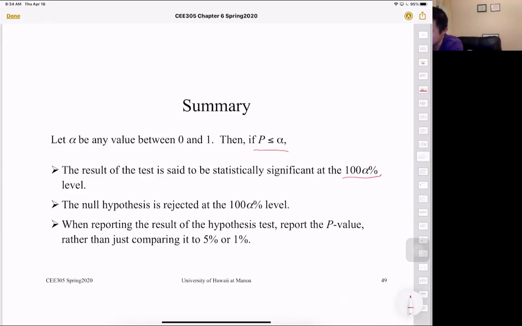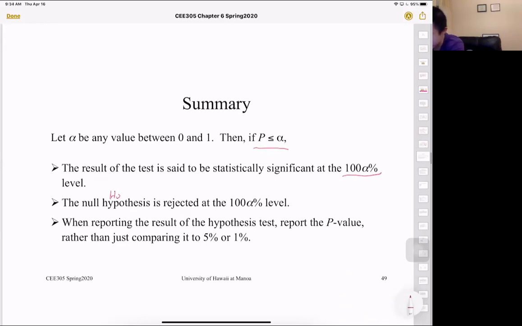Then H0, the null hypothesis, is rejected at that level. We report the hypothesis test, and also remember to include the p-value, stating whether it is statistically significant or not at whatever alpha.